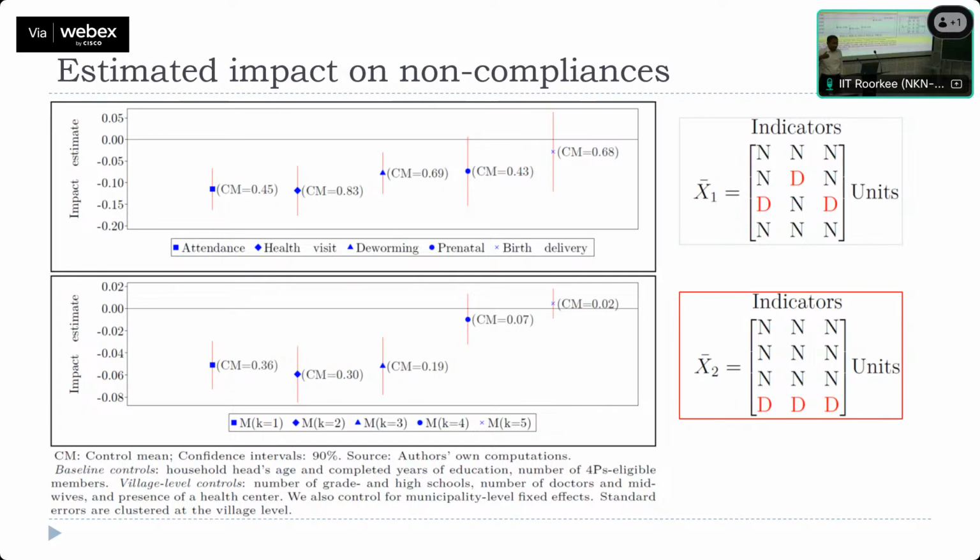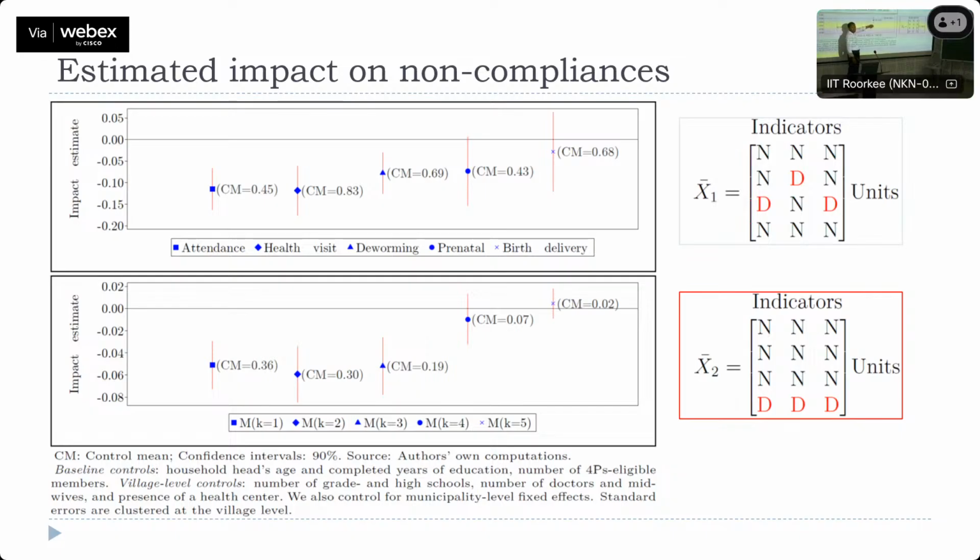So if you are setting k equal to 4, that means you are identifying those who have 4 or 5 non-compliances to begin with. So if you focus on those with 4 or 5 non-compliances, did their situation change?